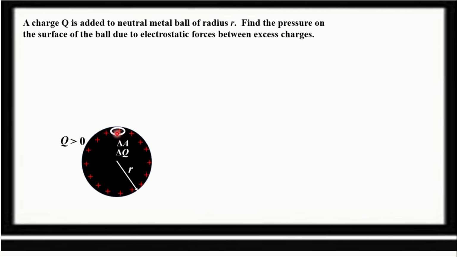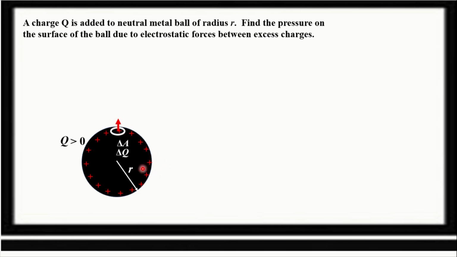And we estimate just qualitatively the magnitude of this interaction. If we take the charges on the opposite sides of the ball, the electric force on the charges inside this area points in the opposite direction and is relatively small.